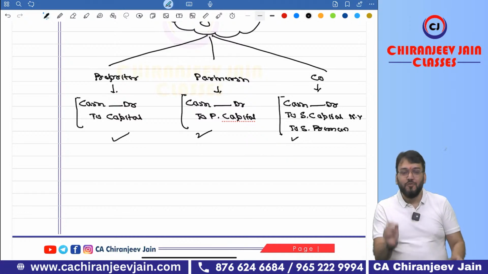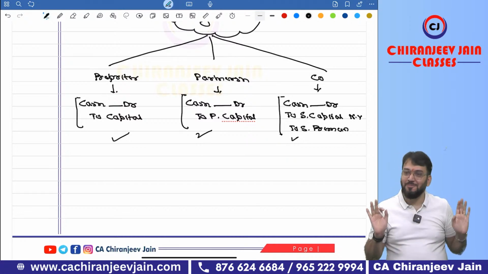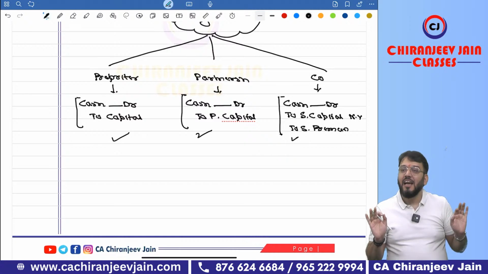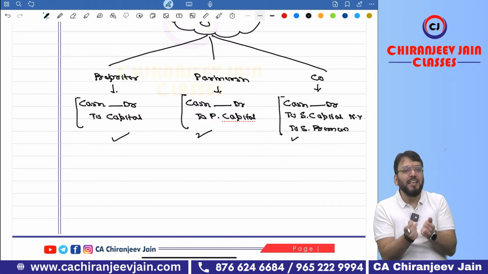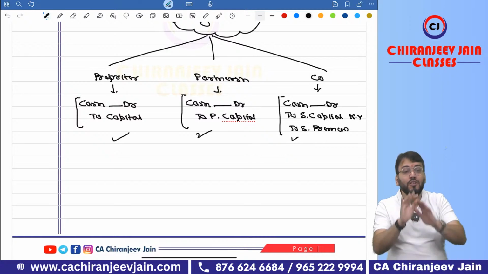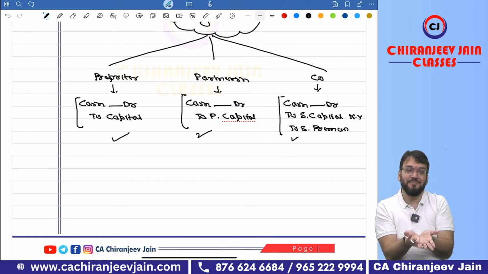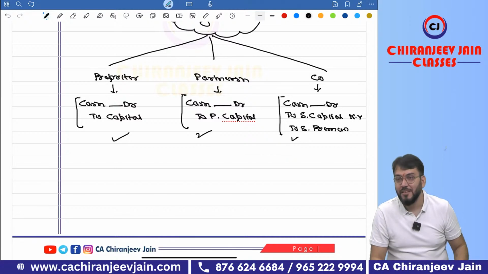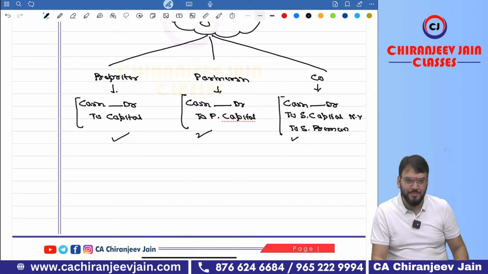Yes or no? So face value is actually a worthless value. The definition, if you want to know, any value which is denominated, mentioned on the face of the share certificate, becomes face value. But it is actually a worthless value.